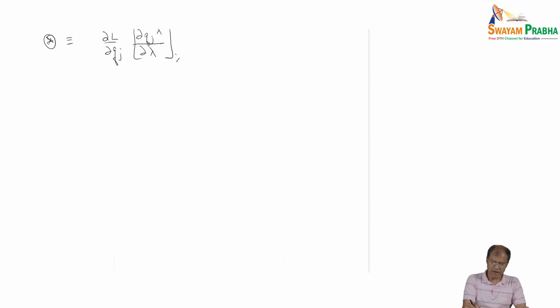This is at lambda equal to 0, and the next expression is partial L by partial q_j dot times partial q_j dot(lambda) by partial lambda, right? So this is at lambda equal to 0.